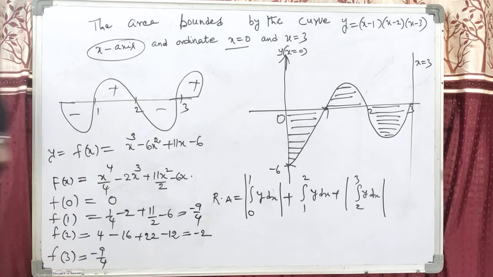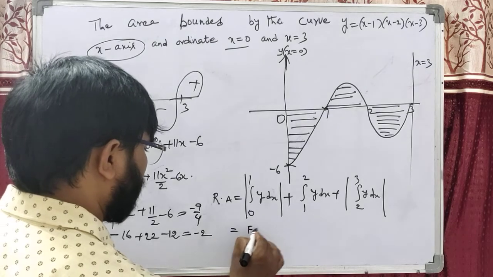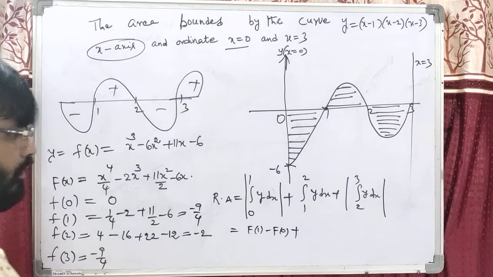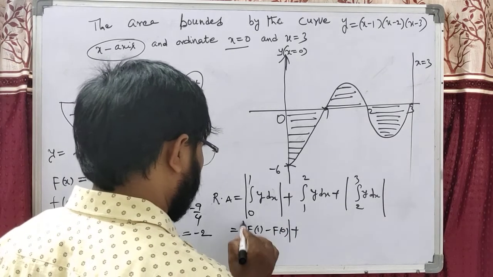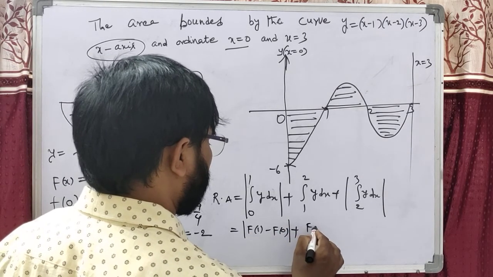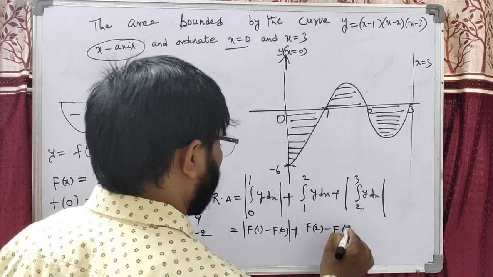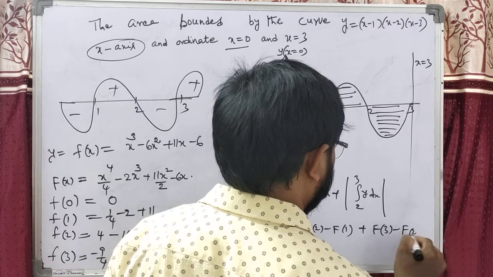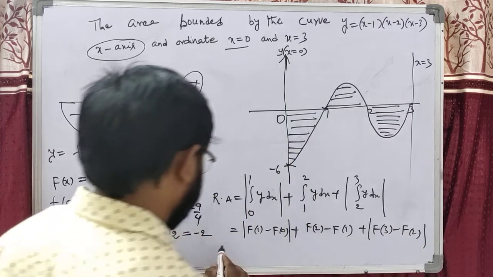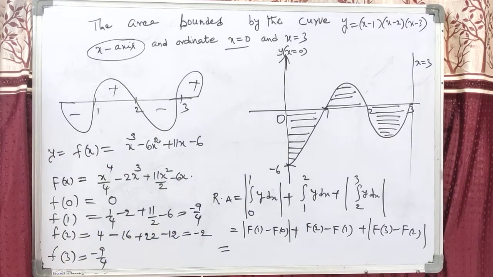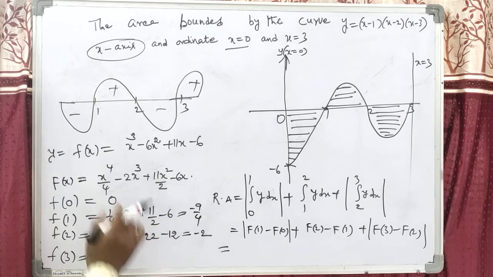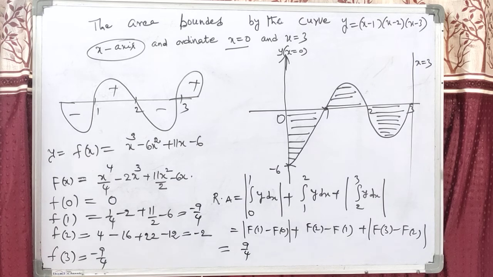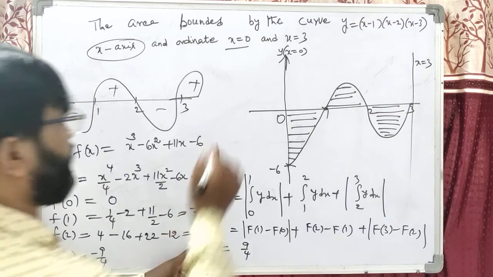We are substituting here. This is students, modulus of f of 1 minus f of 0. Okay students, after that we can write f of 2 minus f of 1. Here you can write modulus of f of 3 minus f of 2. Dear students, f of 1 minus f of 0, we got 9 by 4 in modulus, minus is plus. F of 2 is minus 2.